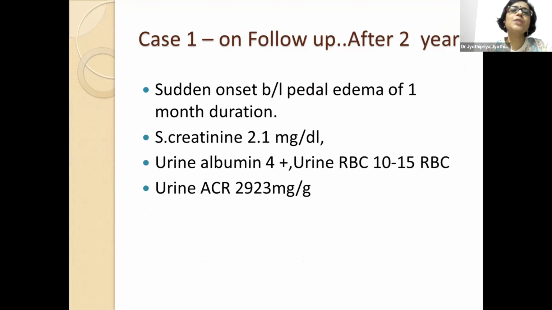This time, it's with a sudden onset of bilateral pedal edema of relatively recent onset with a rise in creatinine to 2.1, urine albumin significantly elevated, 4+, urine albumin creatinine ratio of around 3 gram, and urine showing 10 to 15 RBC. Now, this is a scenario where we have to think about a non-diabetic kidney disease in a diabetic nephropathy patient.